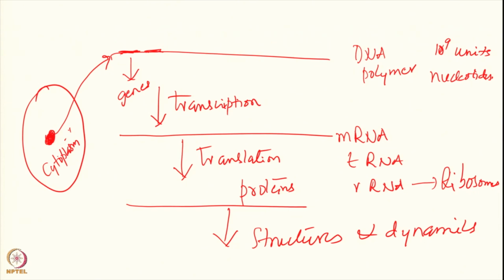Therefore, the whole thing is a big complex, a big assembly, and the structure of this ribosome is also an important aspect to study. So, individually one looks at the molecules, the nucleic acid segments, mRNA segments, the tRNA segments, and the proteins.